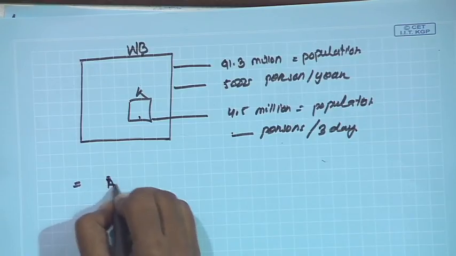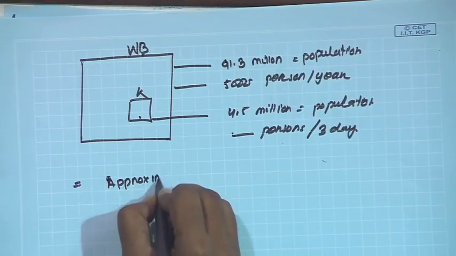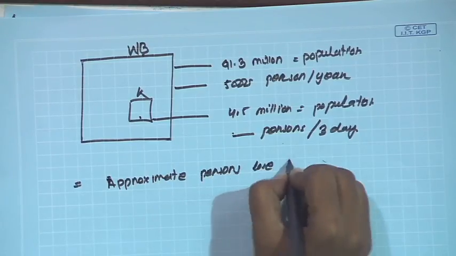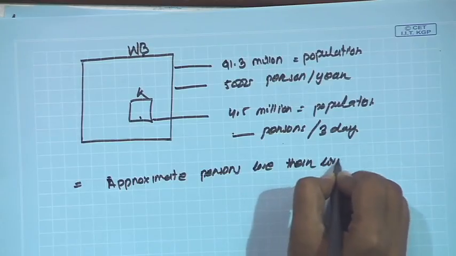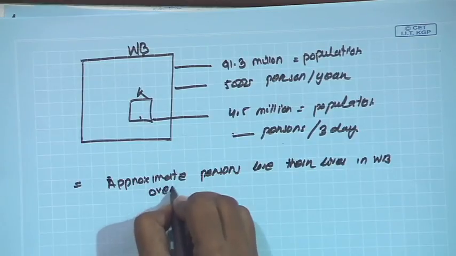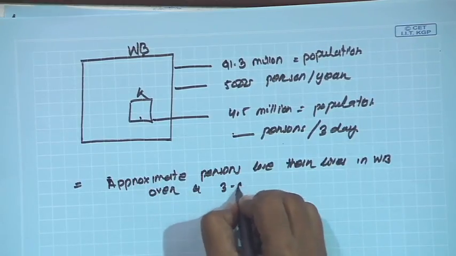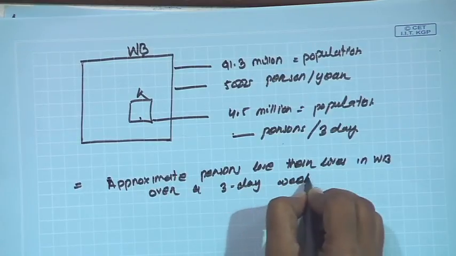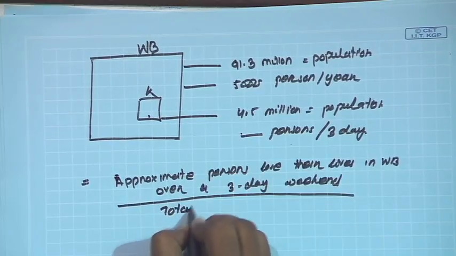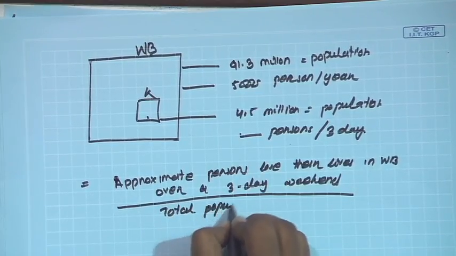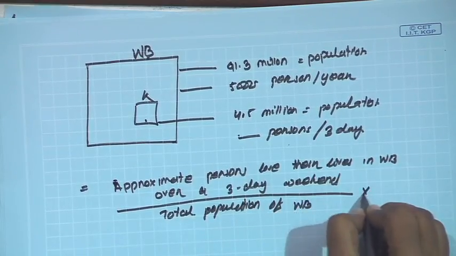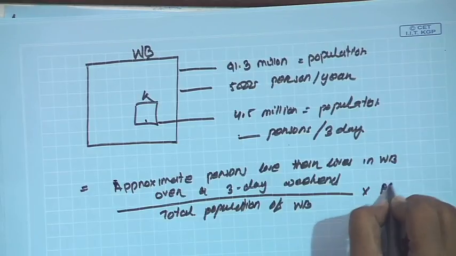The equation is: approximate persons who lose their life in West Bengal over a 3-day weekend, divided by total population of West Bengal, multiplied by population of Kolkata.